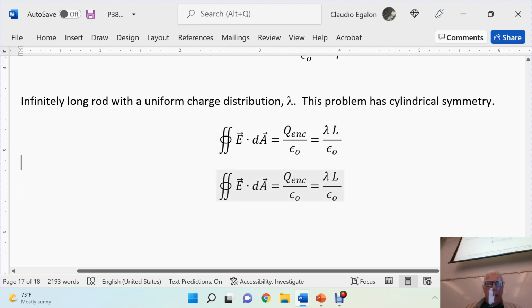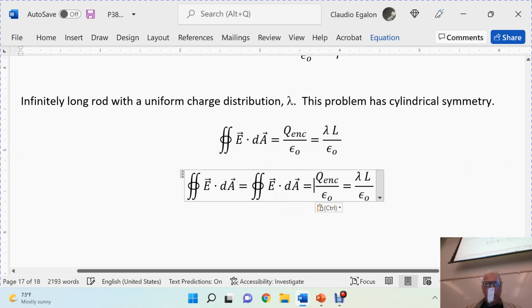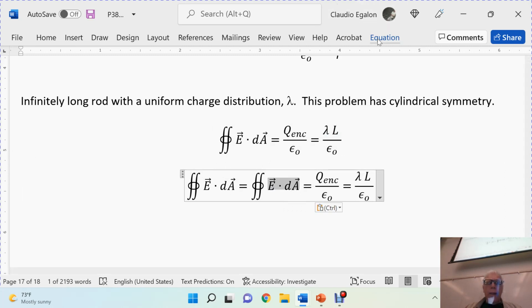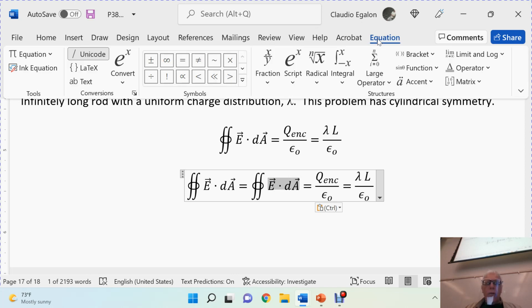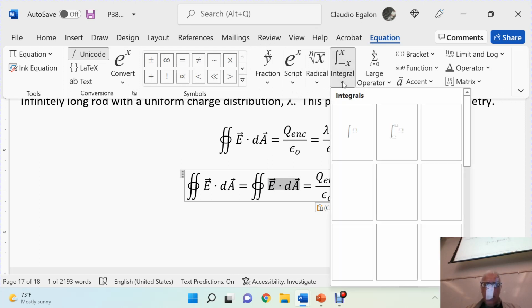The left side. Remember, we're talking about three surfaces. Now we broke down our single surface into three separate surfaces. Our closed surface can be broken down into three separate open surfaces.